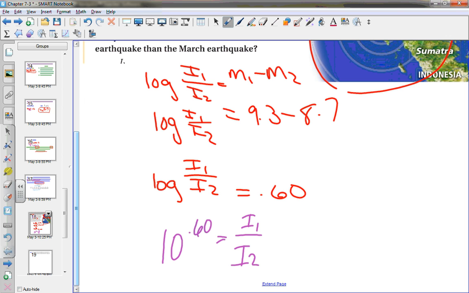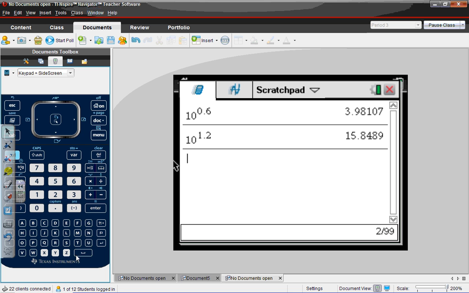Does that make sense? We were only given the magnitude. Were we given the intensity? No, we were only given the magnitude. So we want to know what is the difference of this intensity. In other words, how much greater was the other one? So if I plug that into my calculator, 10 to the 0.6 is what? 3.98.